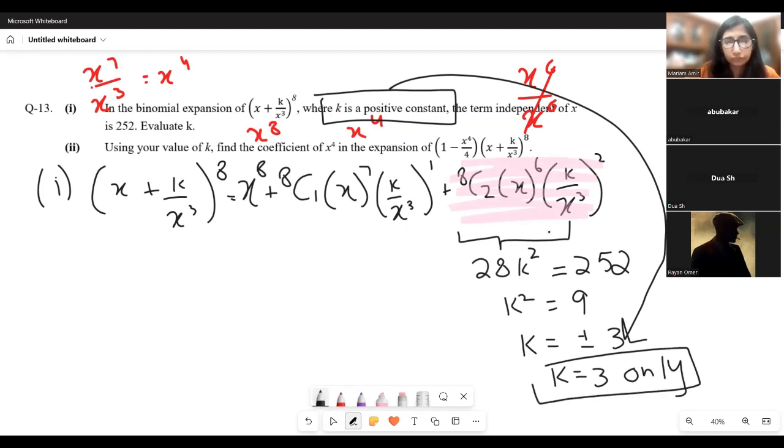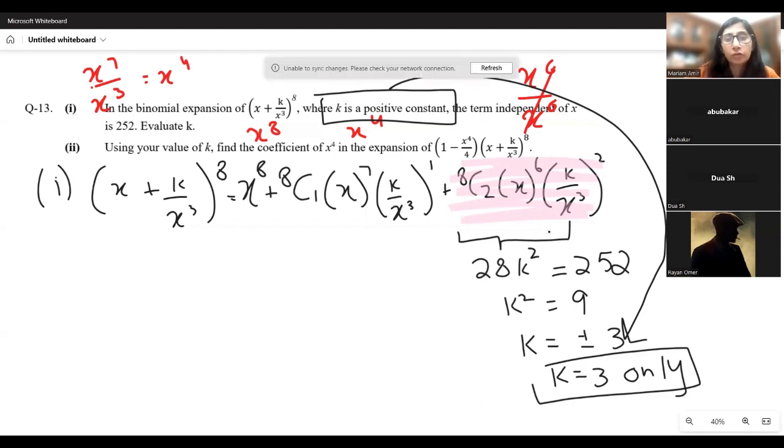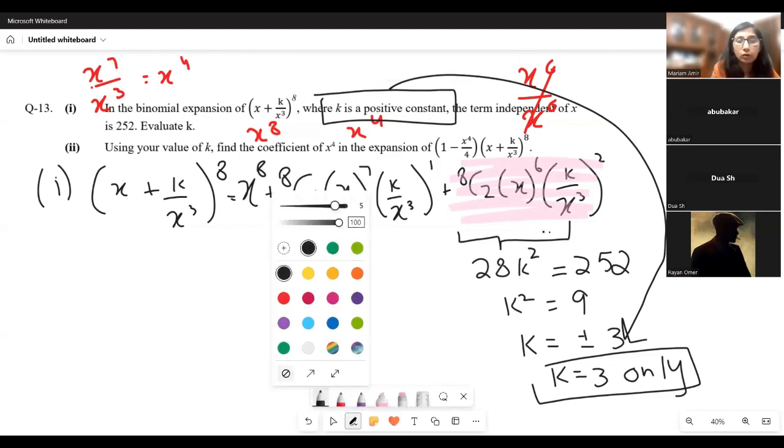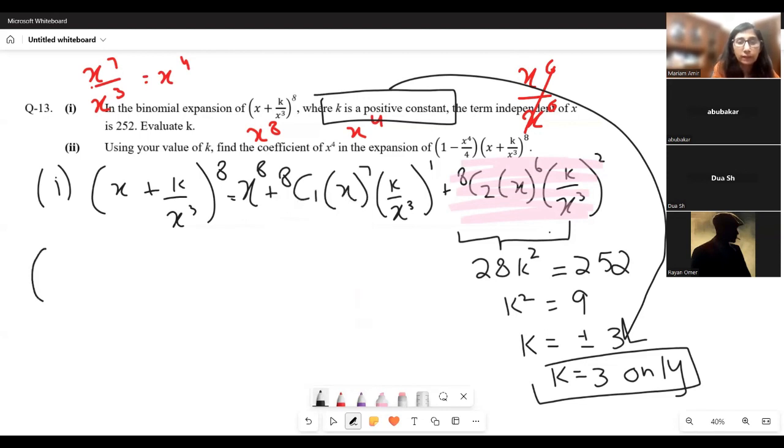Part 2. Using your value of k, find the coefficient of x⁴ in the expansion of this. Let's see. So 1 minus x power 4 upon 4 times... do we use k here?